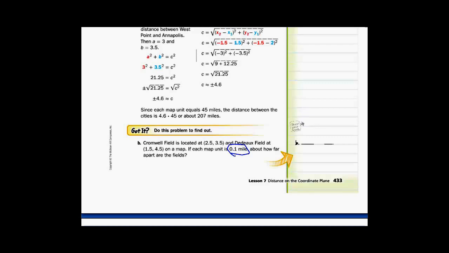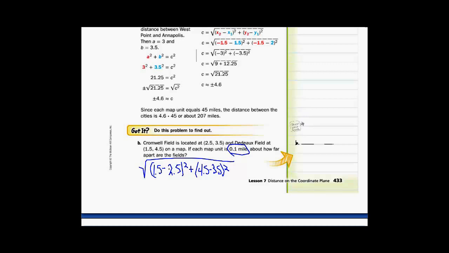So since we have worked with Pythagorean theorem before, let's try one using the distance formula. So x2 minus x1, 1.5 minus 2.5, squared, plus y2, 4.5, minus 3.5, squared, and it is the square root of all of this.